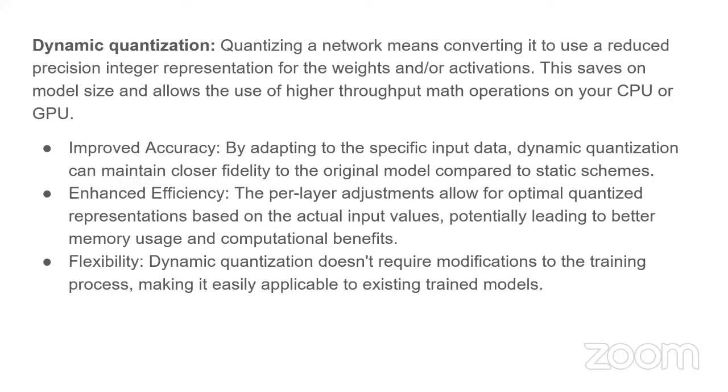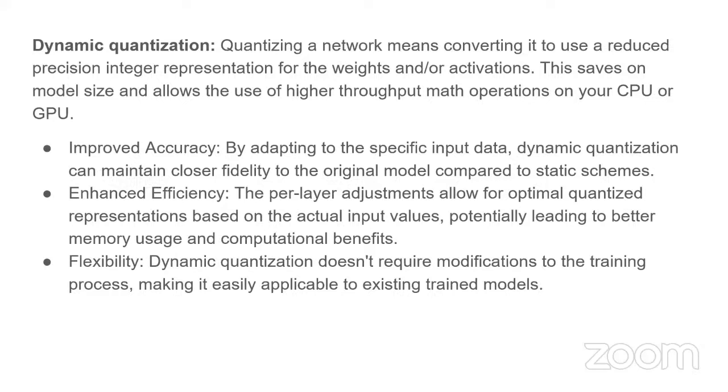The key benefits of dynamic quantization are, first, improved accuracy. Unlike static quantization, dynamic quantization can adapt to specific input data, preserving the fidelity to the original model. Enhanced efficiency.